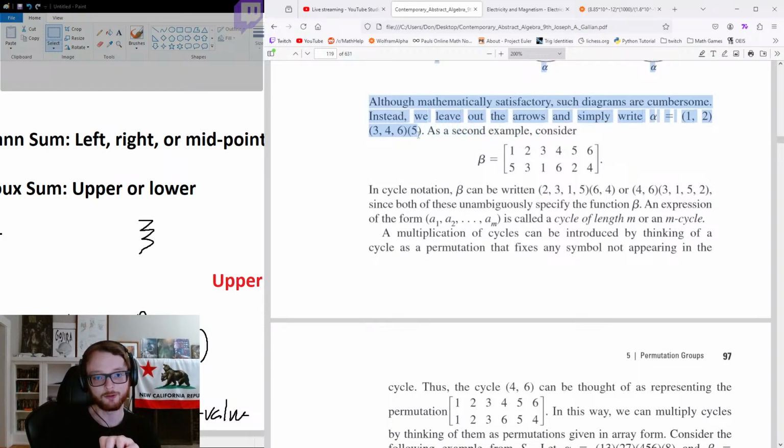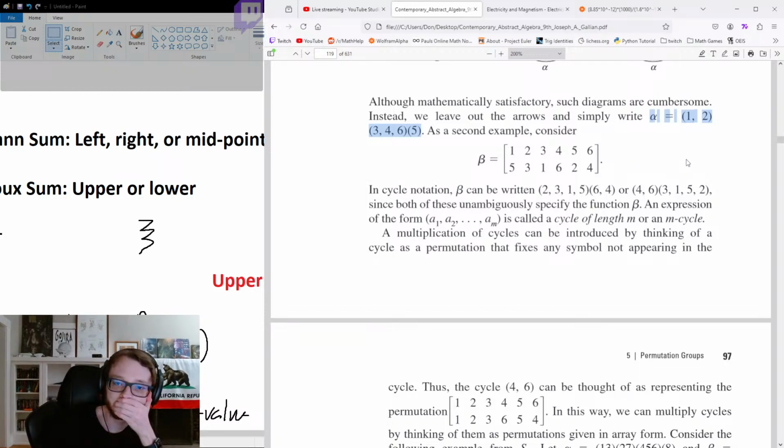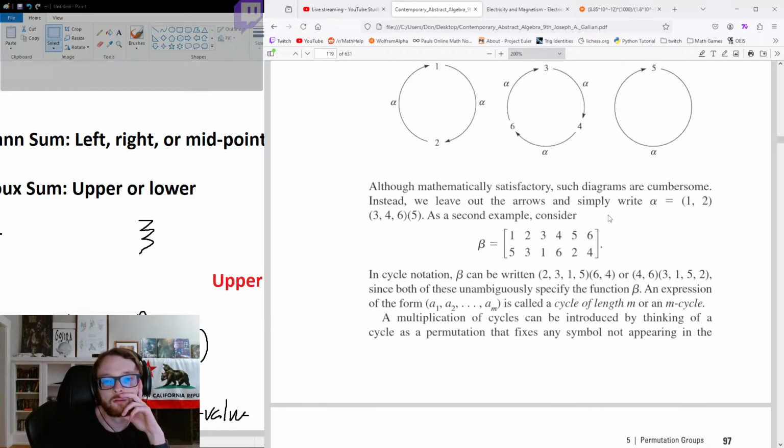Like this thing here. Why are they starting with 2? 2 to 3, 3 to 1, 1 to 5, 5 to 2.